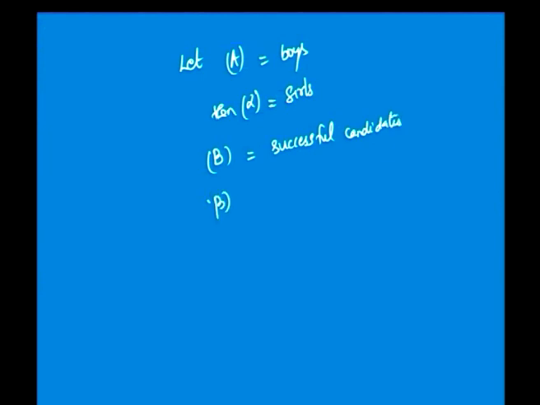So beta will represent failed candidates. Okay. So what is the information given in the question? We are given 800 candidates of both sexes appeared for the examination. Therefore, N is equal to A plus alpha, which is given to be equal to 800.